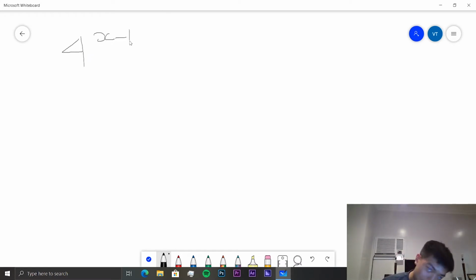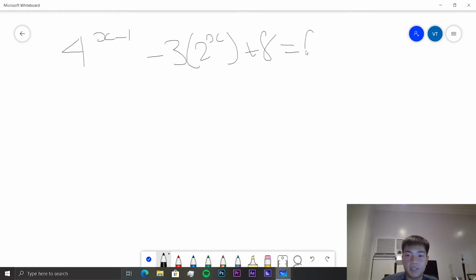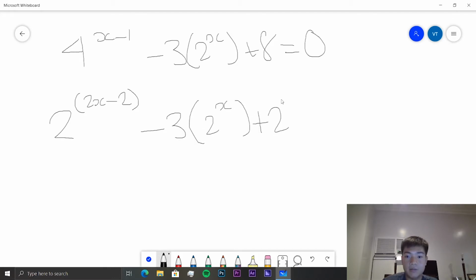4 to the power of x minus 1 minus 3 times 2 to the x plus 8 is equal to 0. So we can evaluate this into 2 times 2 to the x minus 2 minus 3 times 2 to the x plus 2 to the 3 is equal to 0.